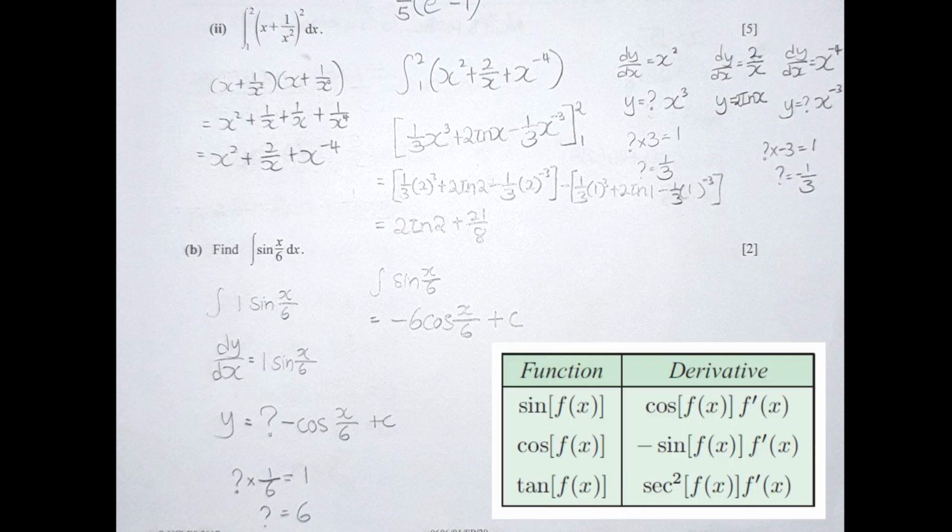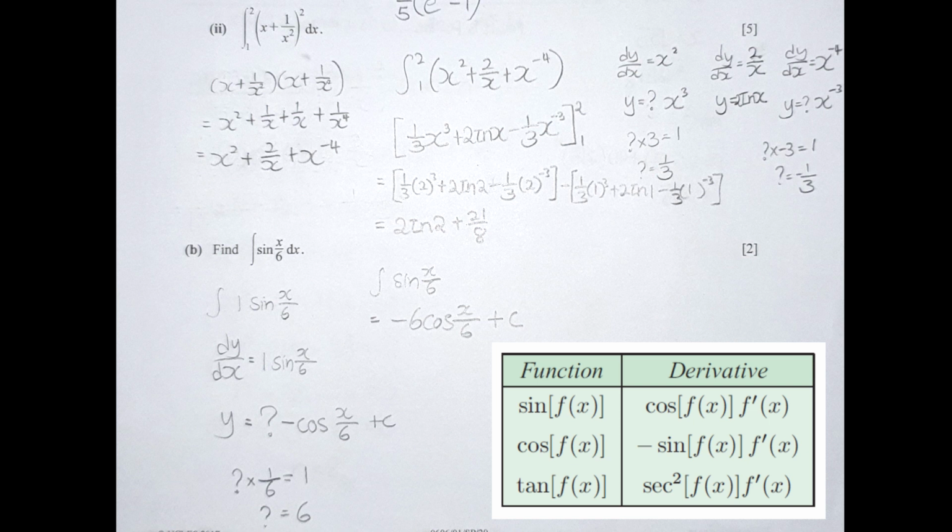As for part B, same thing, I set down dy/dx equals 1 sine x over 6. Then I wrote down y equals unknown times negative cosine x over 6 plus c. So let's focus on the front.